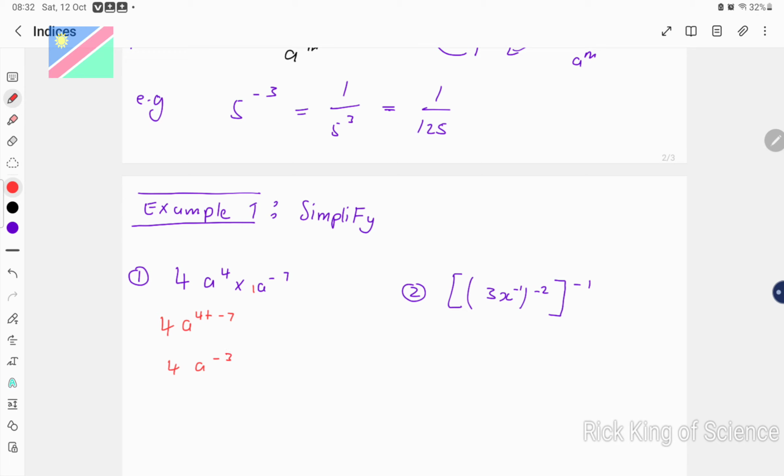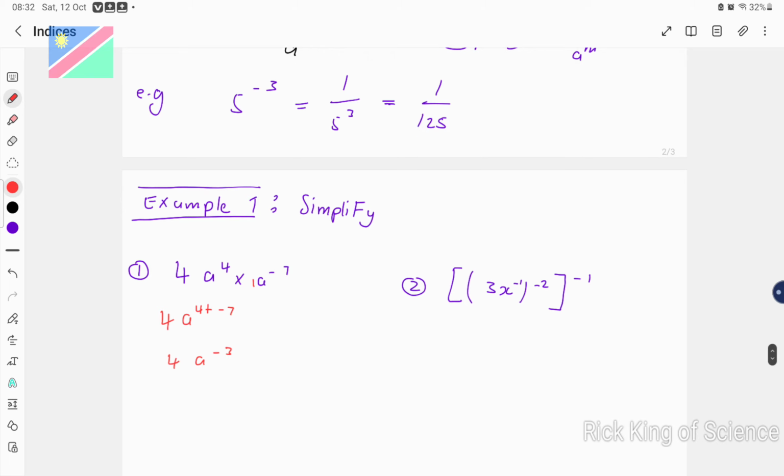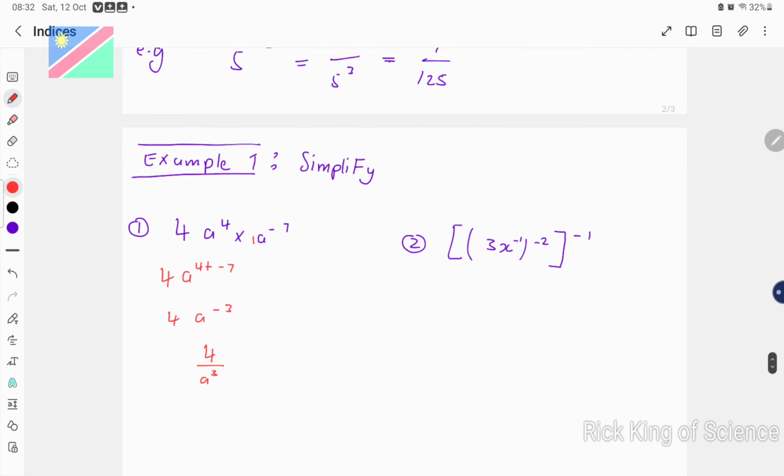Now in indices, we do not leave something with a negative index. You must apply the law of negative index. Then you're going to have something like this: 4 over a power 3. But here you have something like this: 4 times a power negative 3.